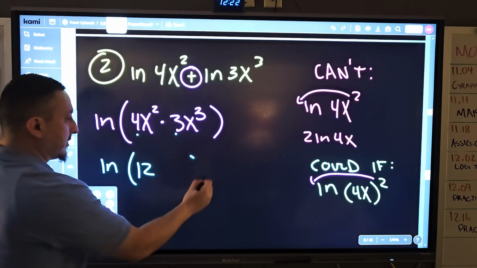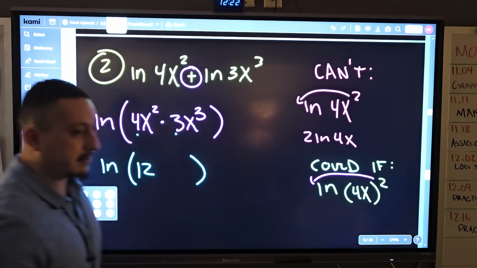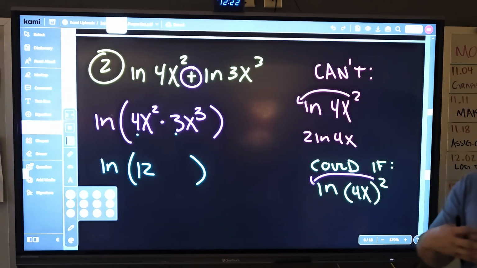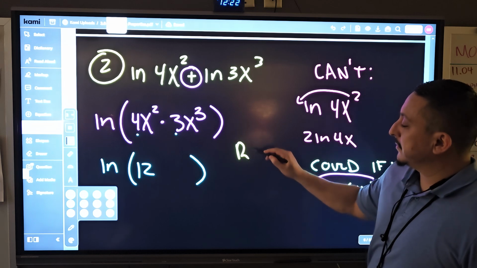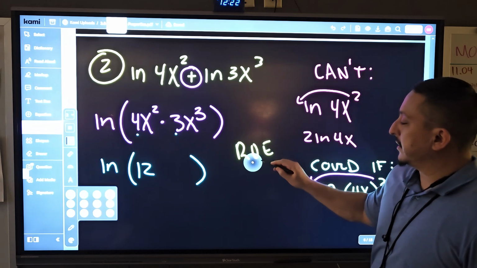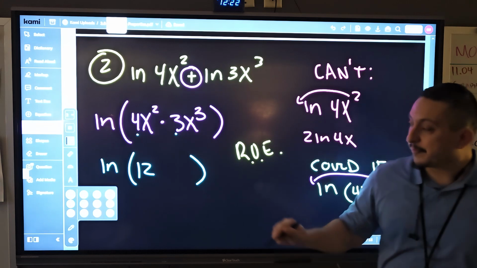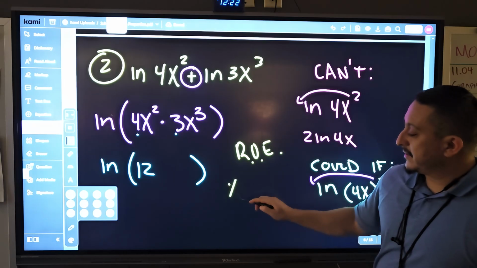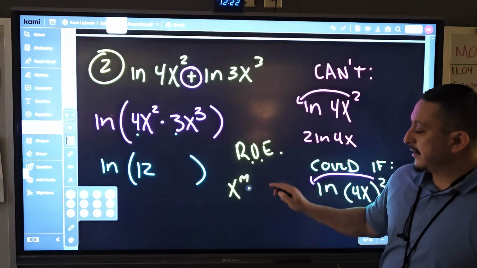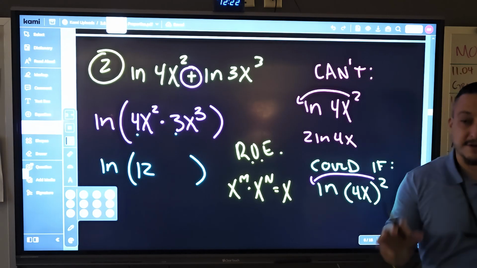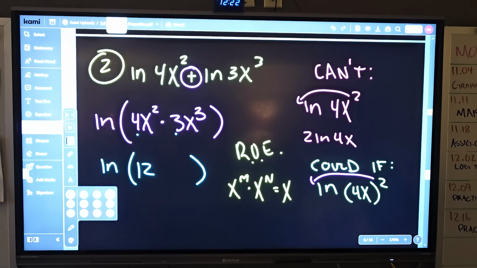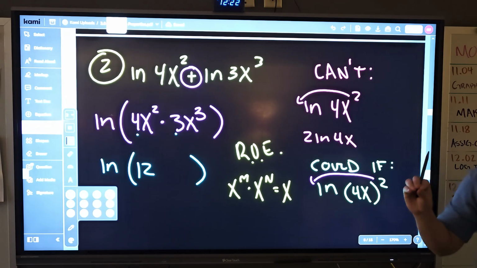Okay, that's good. So I wanted to talk about that. Now we're also mixing rules of exponents, which we just assume that you know, but some of us forget. So rule of exponents, just a little refresher. If I have x^m times x^n, so if I'm multiplying two x's with different powers, what do you really do to the powers?